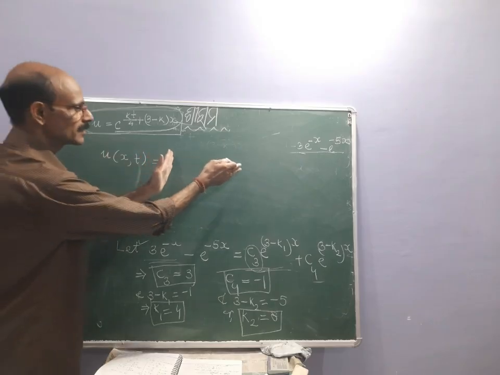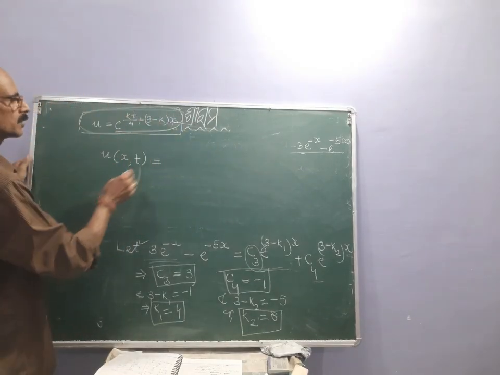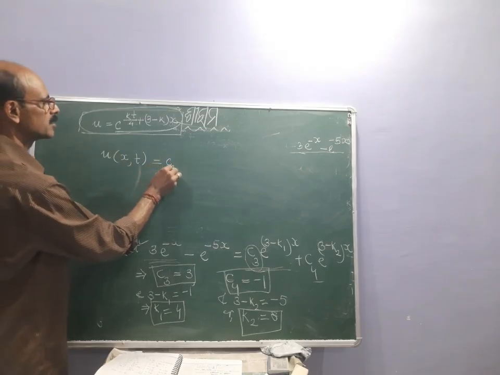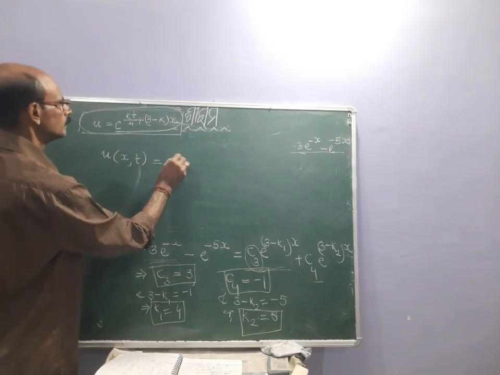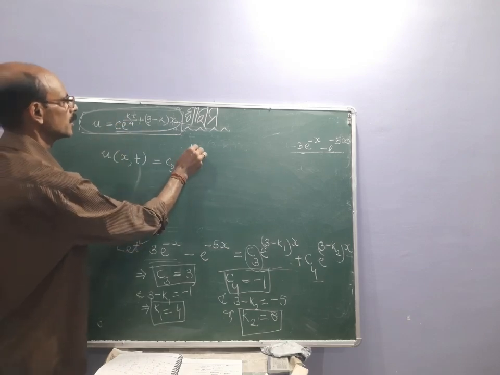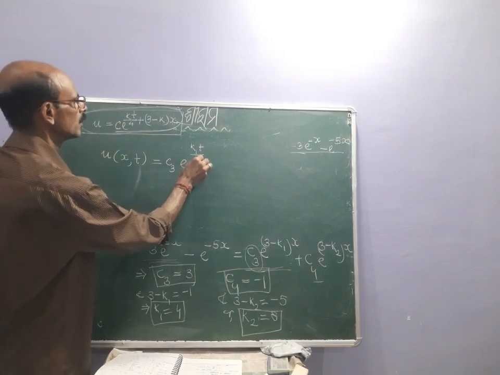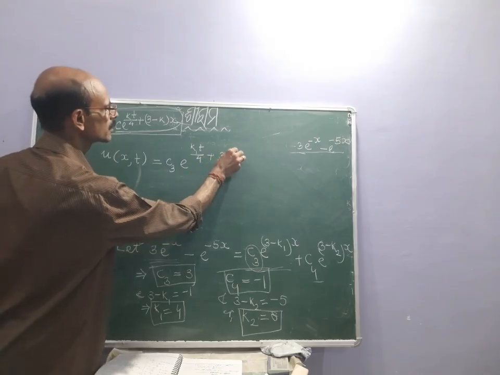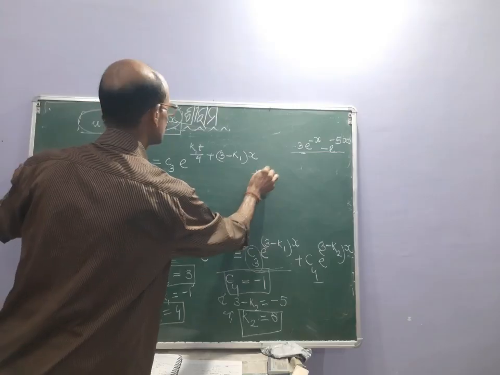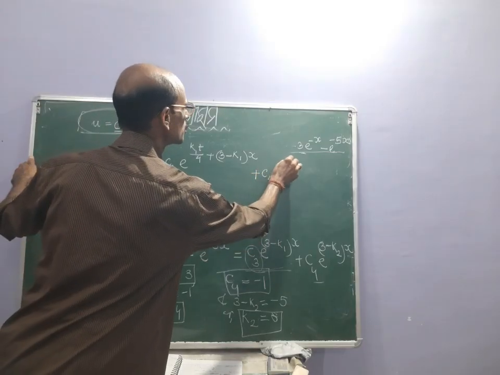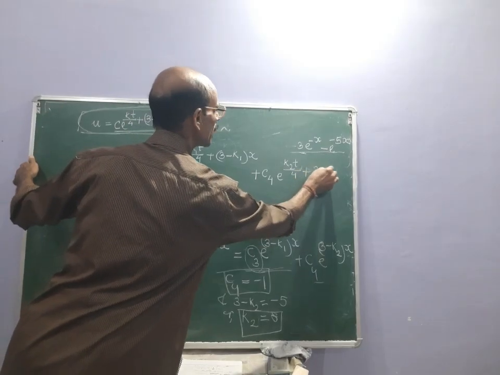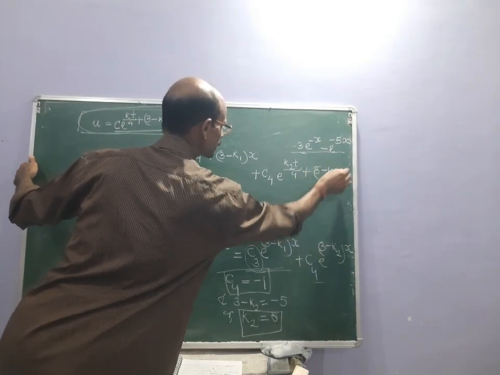Now since it is sum of c3 and c4, we will write it as c3 exponential k1 t by 4 plus 3 minus k1 into x plus c4 into exponential k2 t by 4 plus 3 minus k2 into x.